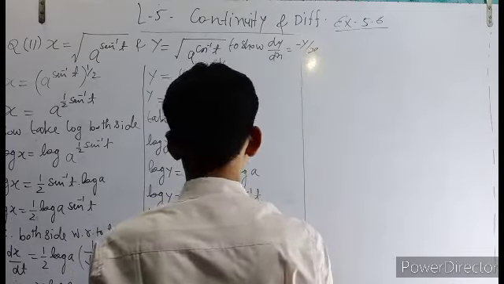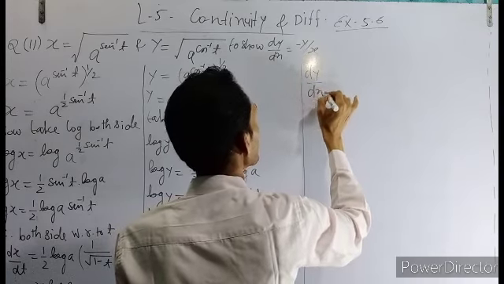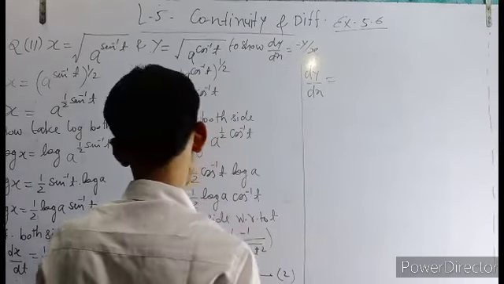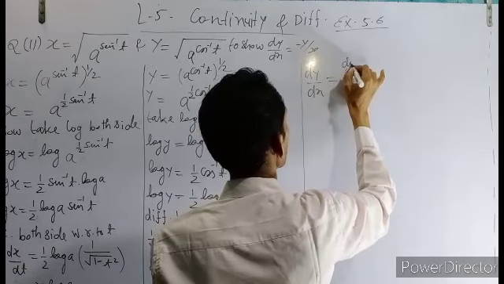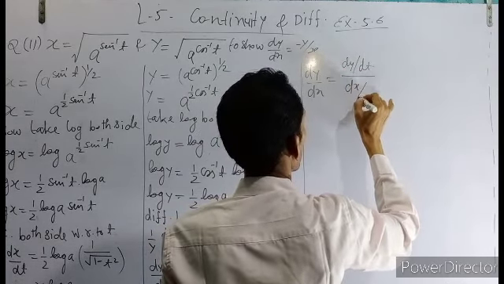Now dy by dx means dy by dt upon dx by dt.